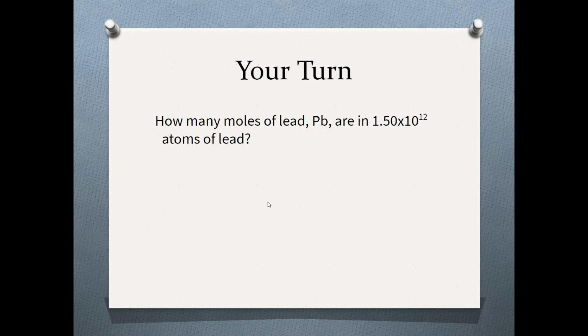So let's see you try one. Pause the video and see if you can figure out how many moles of lead are in 1.5 times 10 to the 12 atoms of lead.